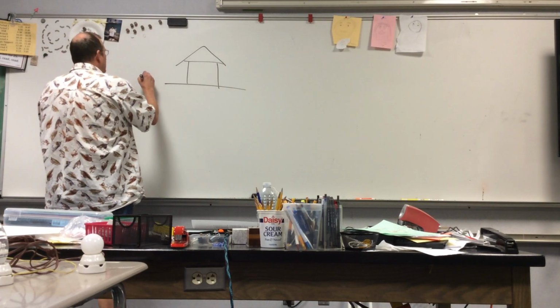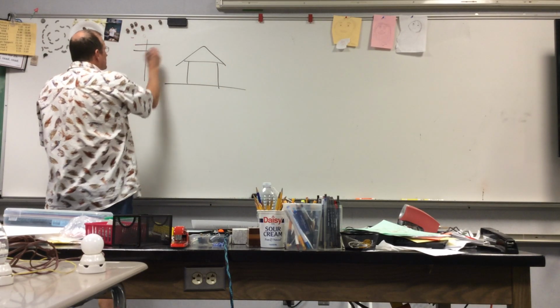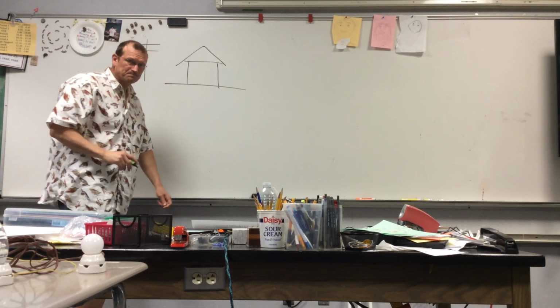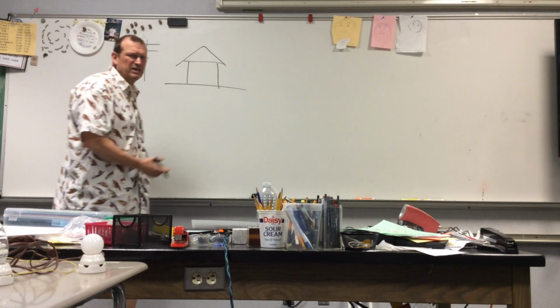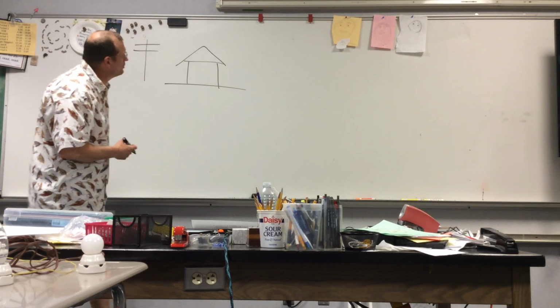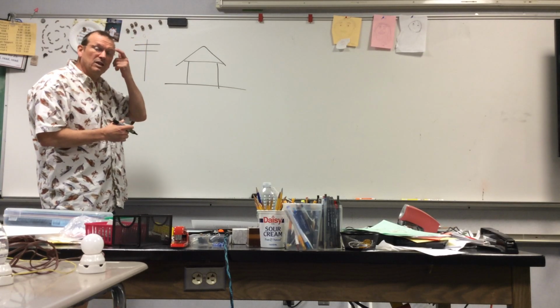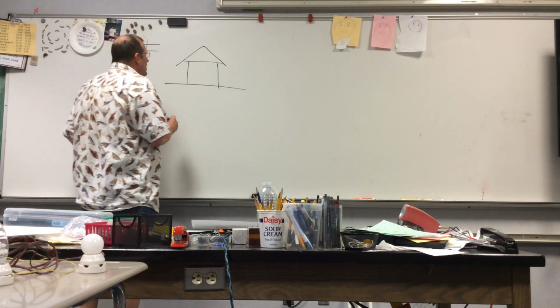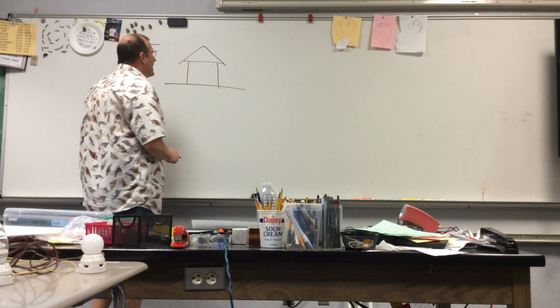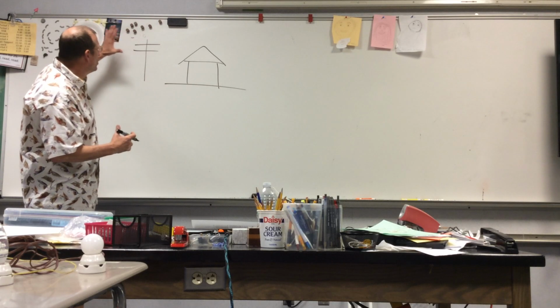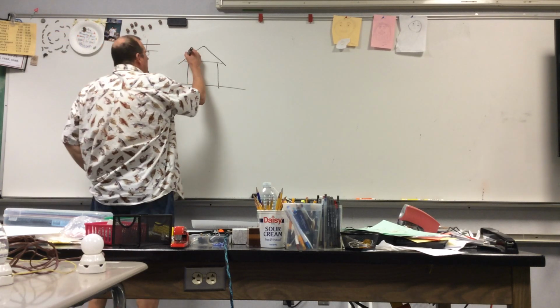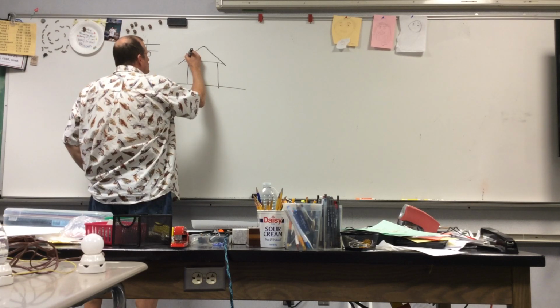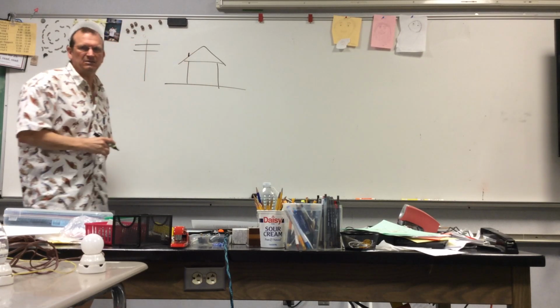So I'm going to go ahead and draw the utility pole out here. And there are wires that go up and down the street. Some of them are for communication, but some of them are also for electricity. Now, if you have a house and you live in a neighborhood where the electricity is delivered above ground, at the corner of your house, you will usually have a very solid connecting point.